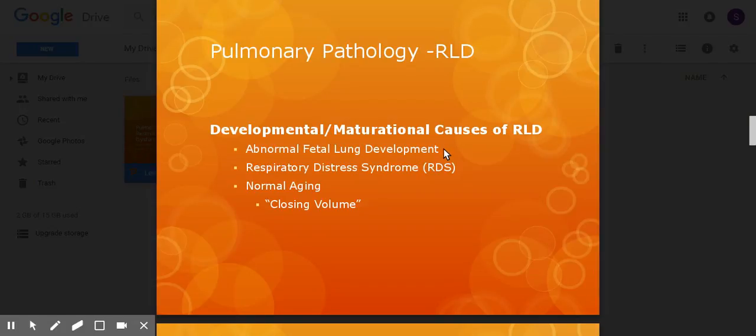The important part to understand here, I don't plan to test you on the various forms of abnormal fetal lung development, but understanding that there are children born with a restricted lung capacity because of poor development.